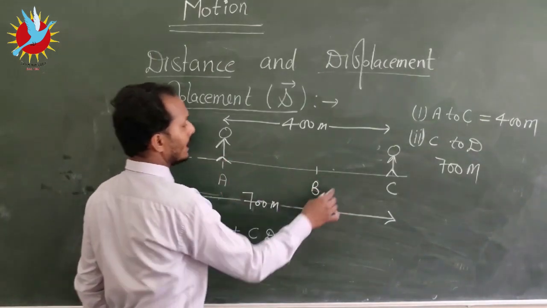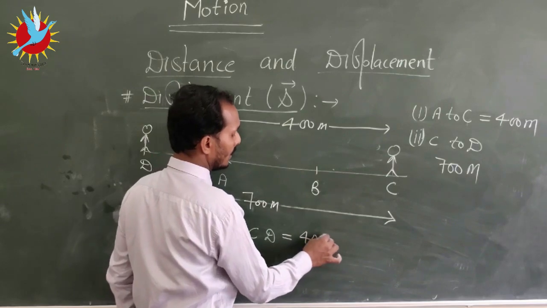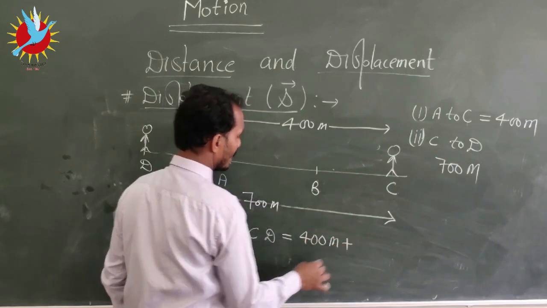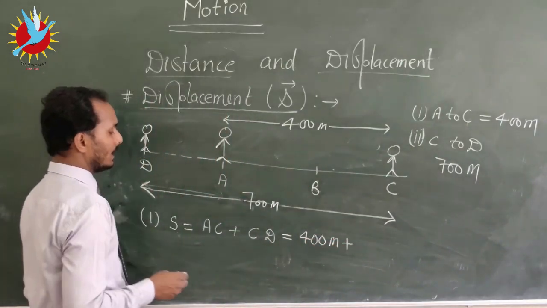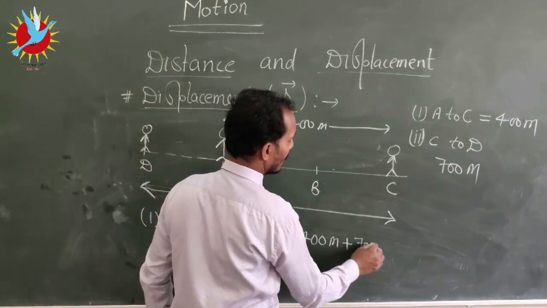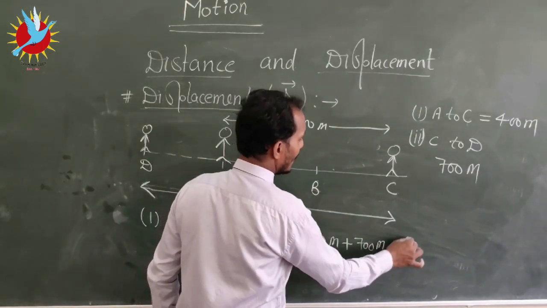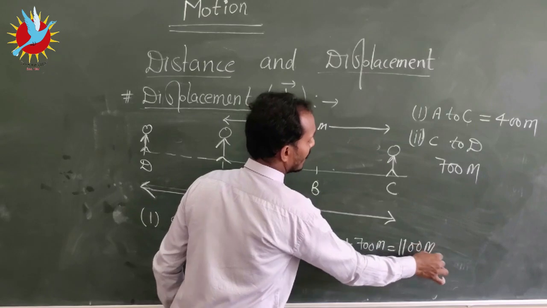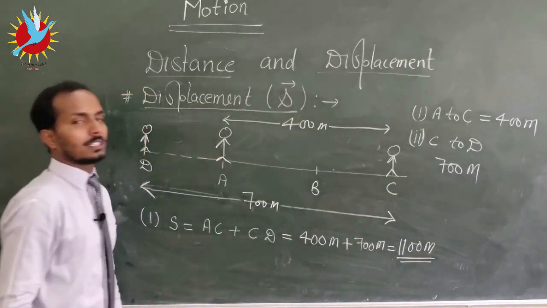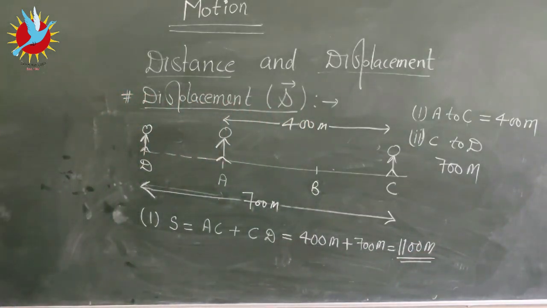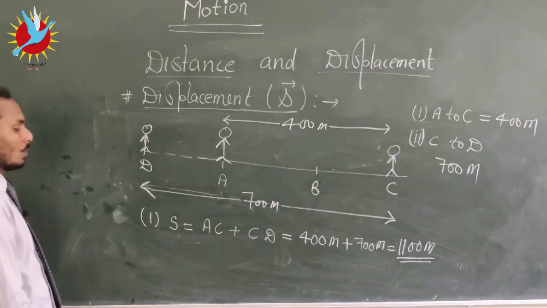The value of AC is 400 meter plus the value of CD is 700 meter. It means 1100 meter is the total distance.